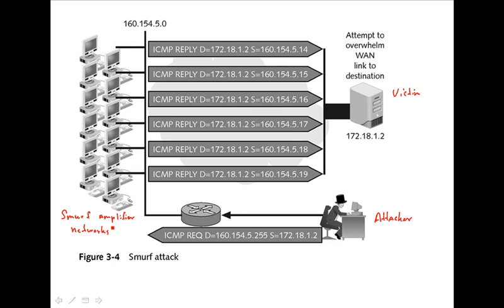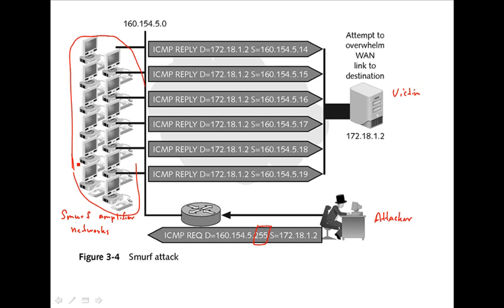And these networks allow packets to be addressed to the broadcast address for the network. Notice the last octet has .255 in it. So this is going to be the broadcast address for this network.